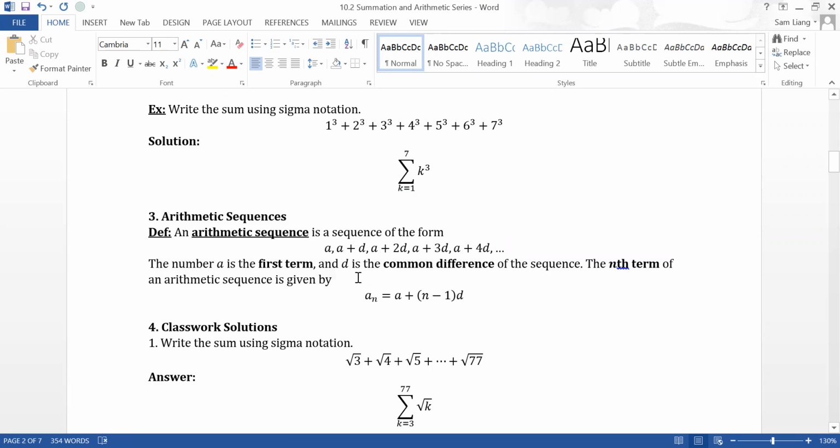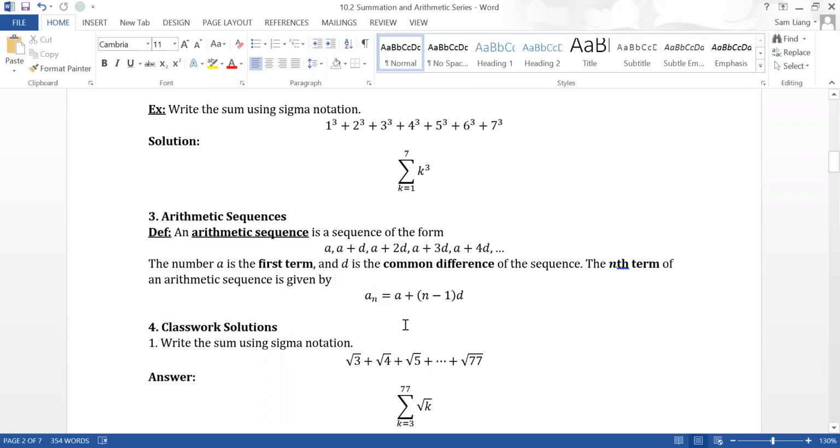An arithmetic sequence is just a sequence where you add some common number to each successive number. We're going to use this formula a lot, a sub n equals a plus n minus 1 d.